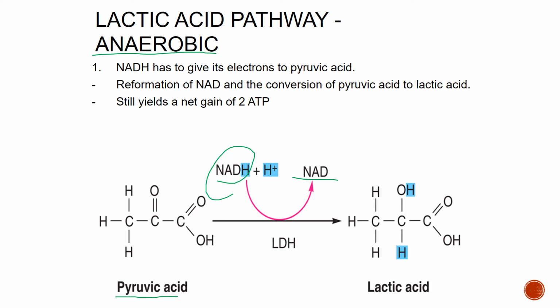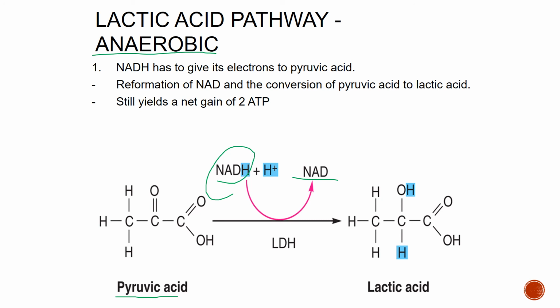The big difference here is that the final electron acceptor is an organic molecule, not oxygen. A cell can survive without oxygen as long as it can produce enough energy for its needs and the lactic acid concentration isn't too high.